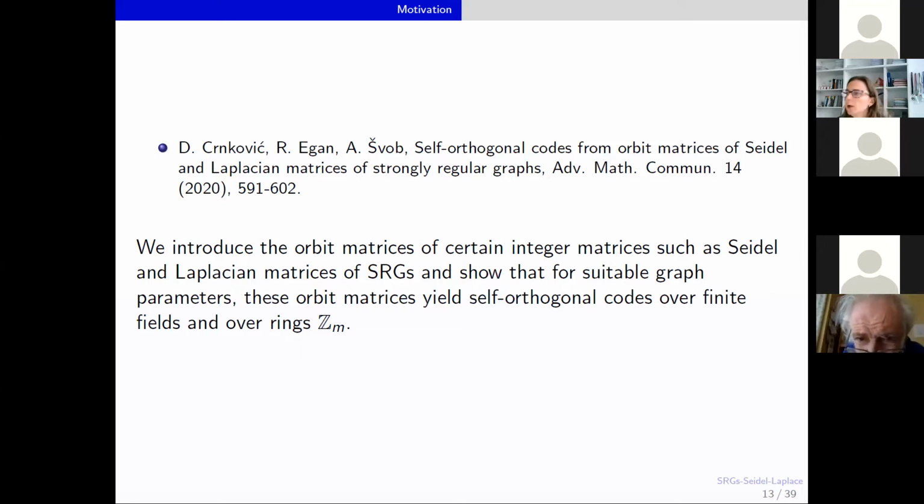Moreover, we saw that these techniques also work for obtaining self-orthogonal codes not just over finite fields, but also over rings of integers.